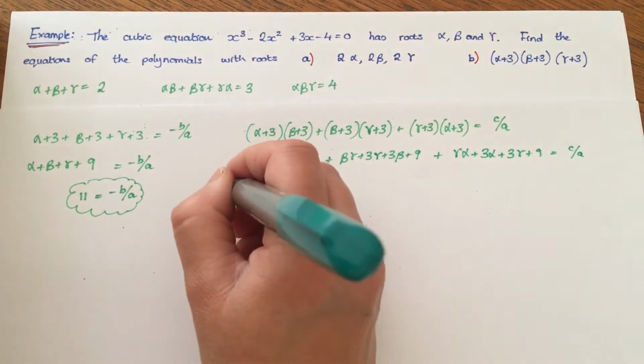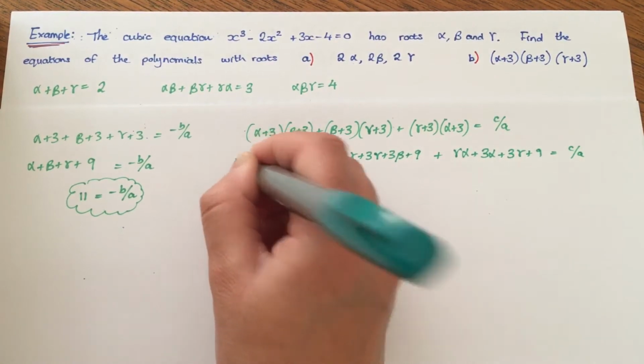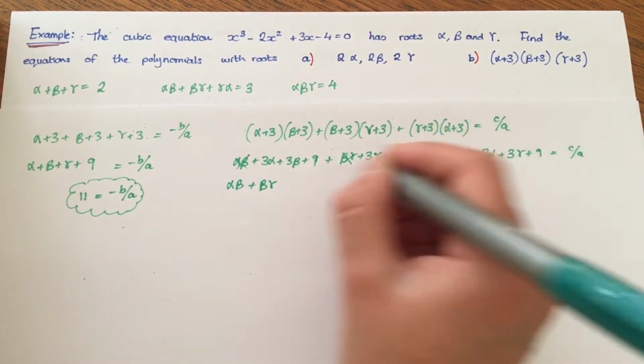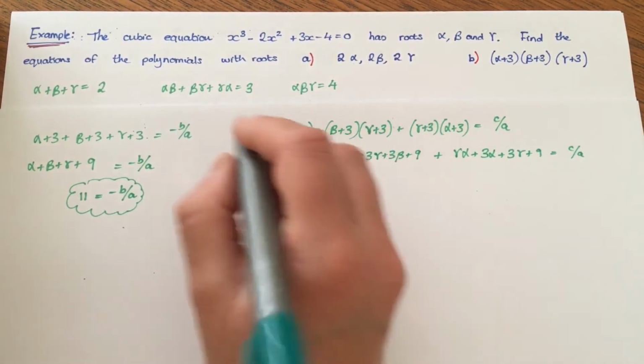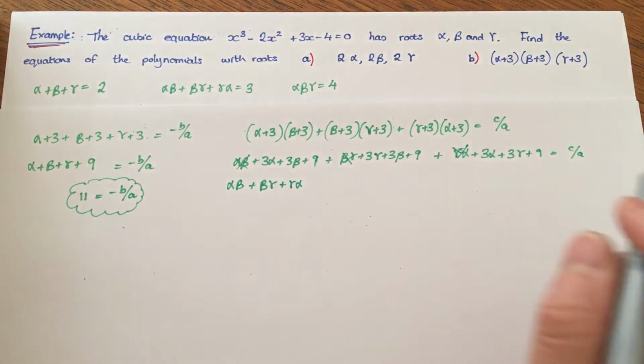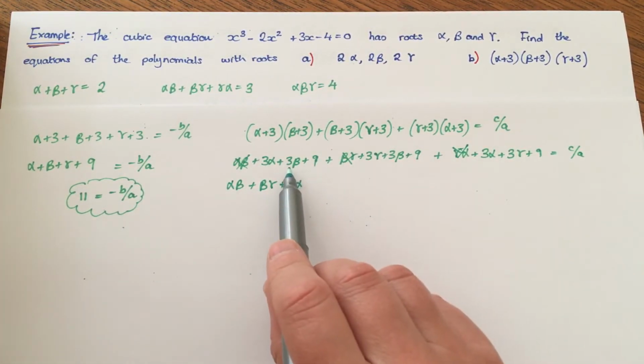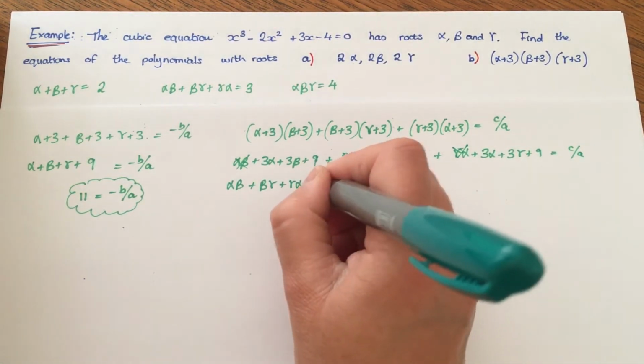So I've got alpha beta plus beta gamma plus gamma alpha, which is one of the things that I know. Then I've got 6 alphas, 6 betas and 6 gammas.